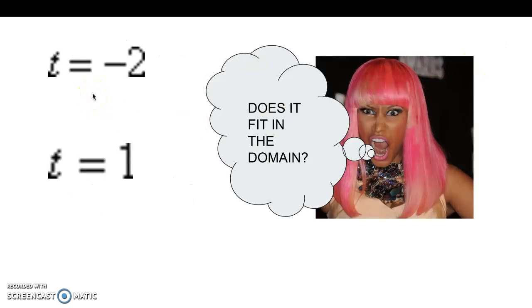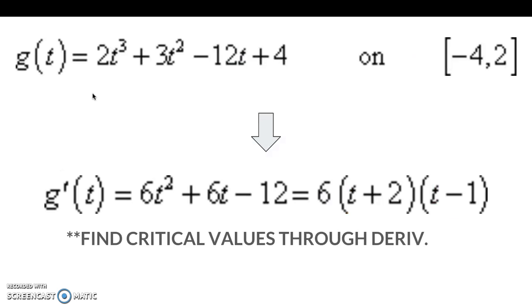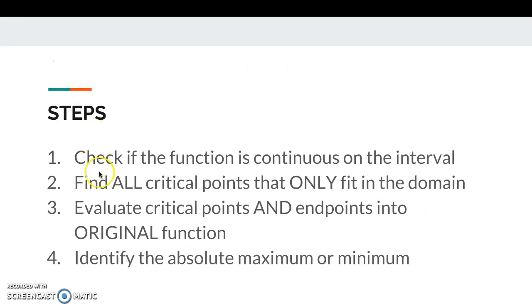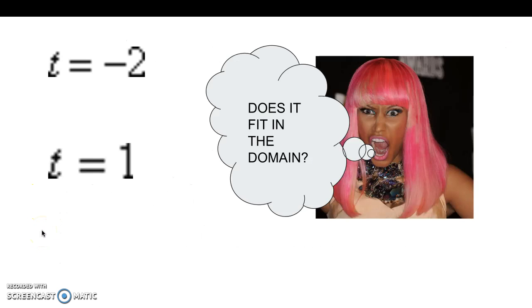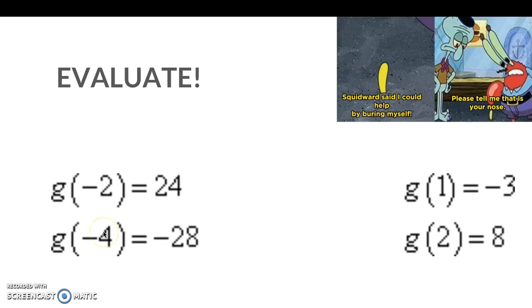Our critical values which fit in the domain were x equals -2 and 1. So now we have 4 values to plug in. That goes with our third step, so now let's actually do it. Now that we evaluated it, when we plug it into the original function, the g of t function, we got 24, -28, -3, and 8.